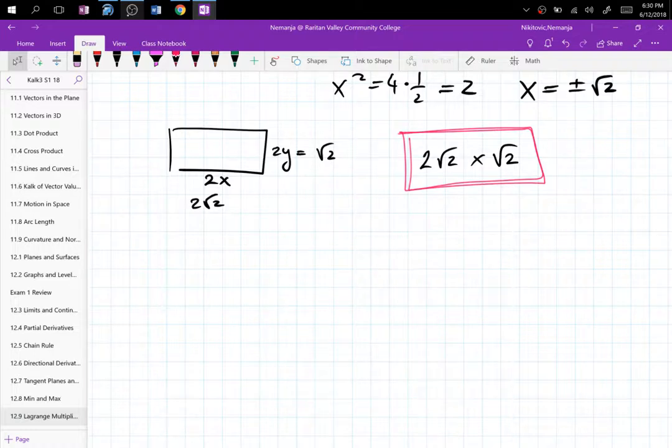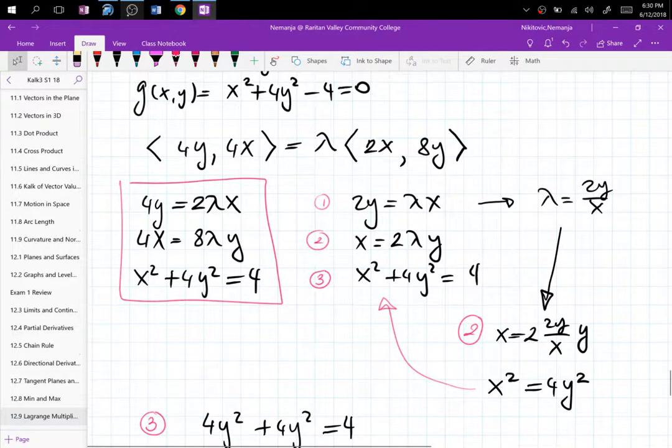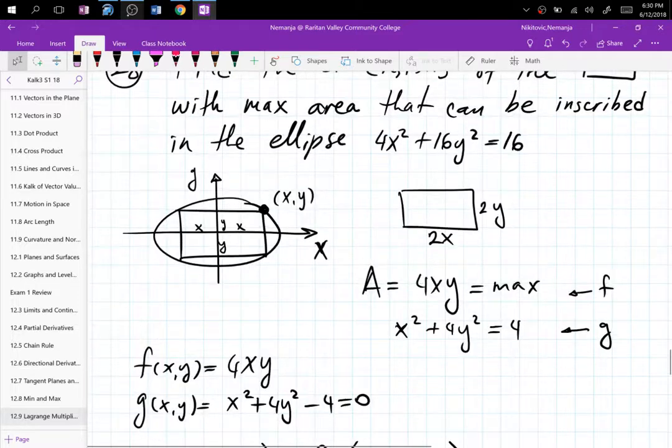How would you solve that using calculus? Same thing. You have your equations, and then you plug one variable into here, and you take the derivative.